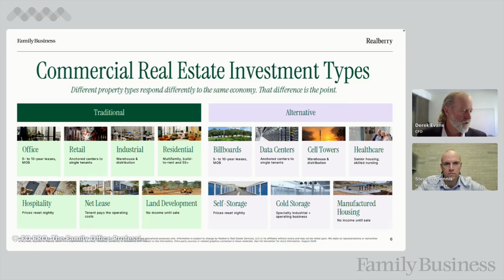And then the other thing I'd like to point out on the alternatives is healthcare. Generally speaking, it's always been considered an alternative investment, but it's clearly becoming more mainstream, especially with the aging population within the United States. The growth in the senior housing sector, the skilled nursing sector, and really the end user of those products wanting a high quality experience has led to dramatic growth.